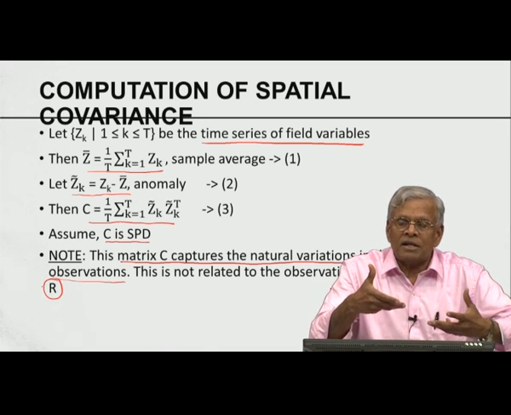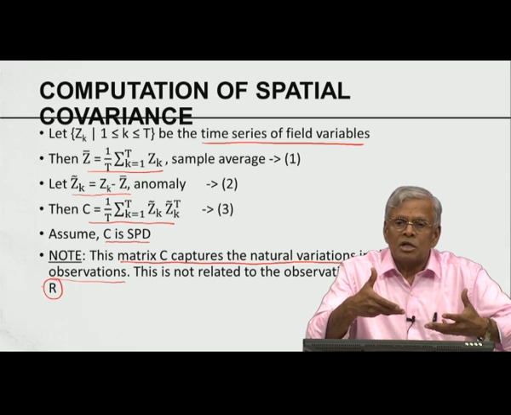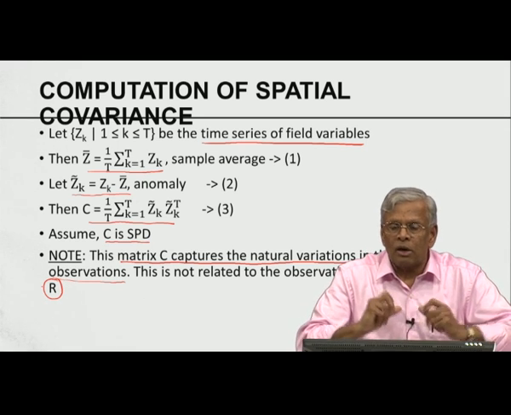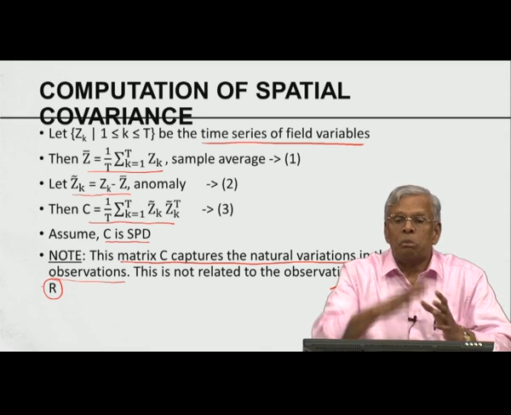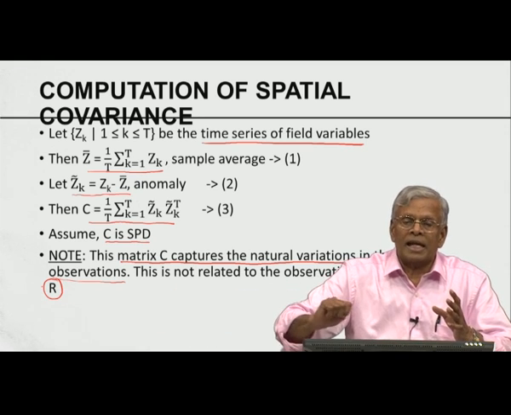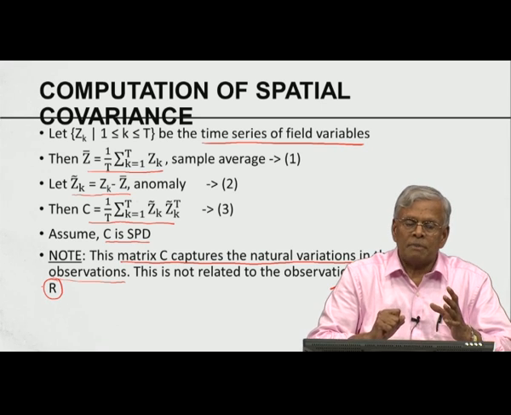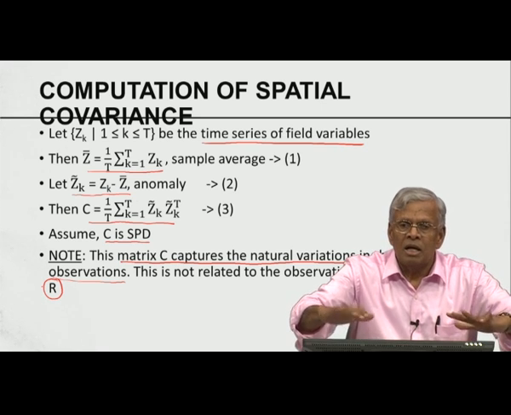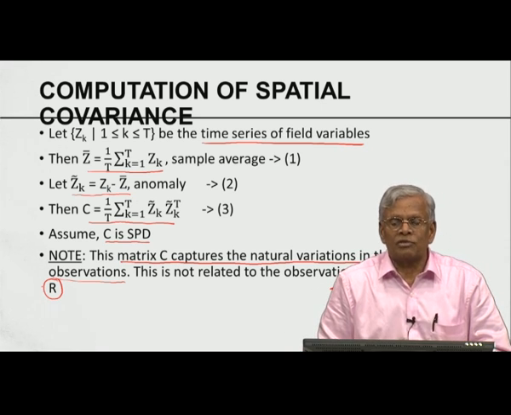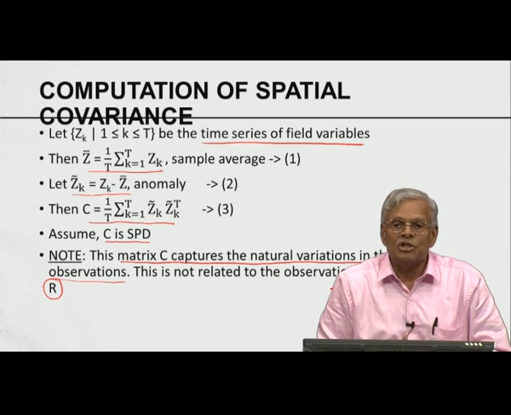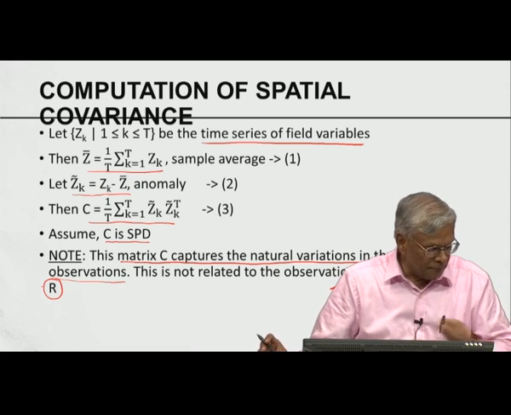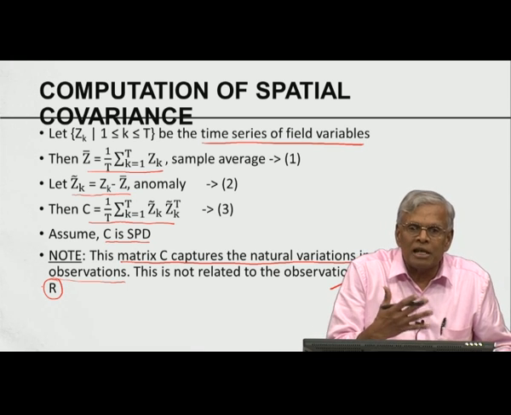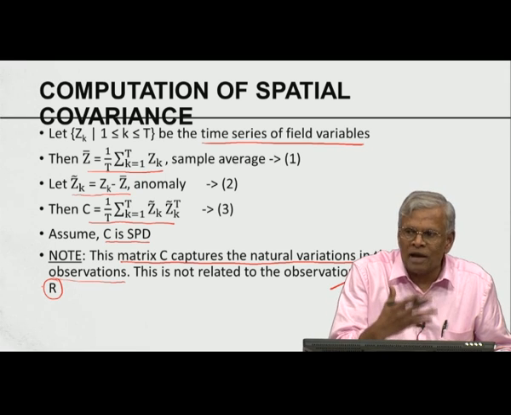The alternative to that is to understand the spatial and temporal correlation structure. Wiener's theory applies both to temporal correlation analysis, as involved in time series analysis, as well as spatial correlation analysis, as would be of interest in any geophysical science. So the matrix C captures the natural variability of the variable of interest in the chosen geographical domain.